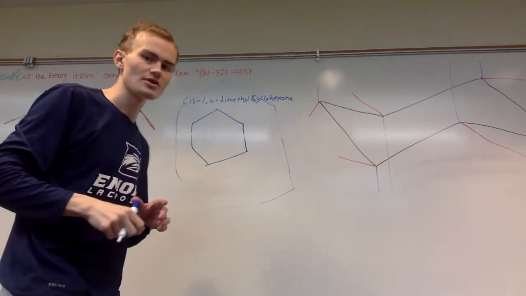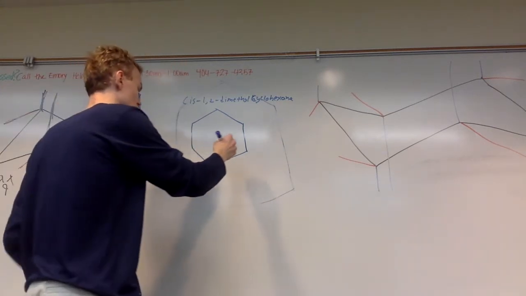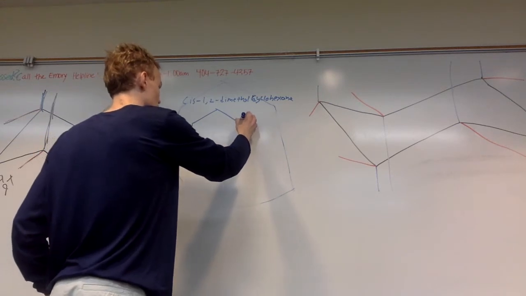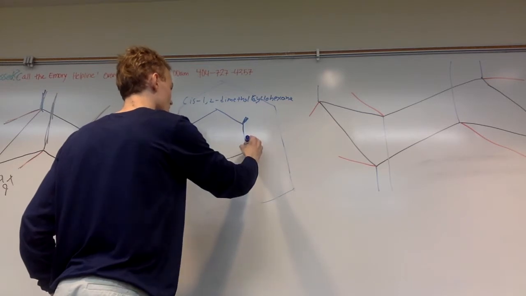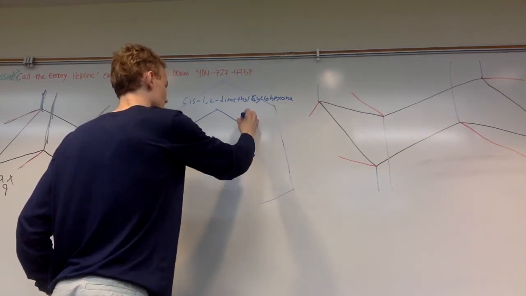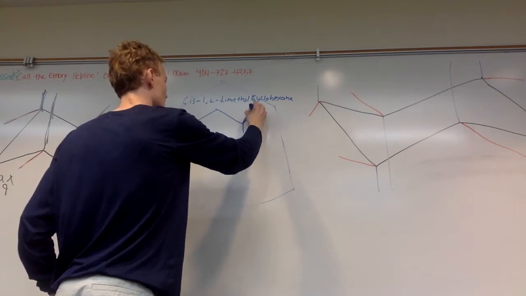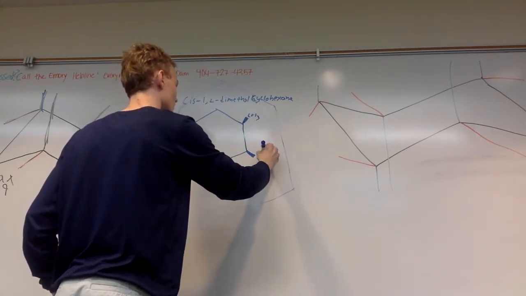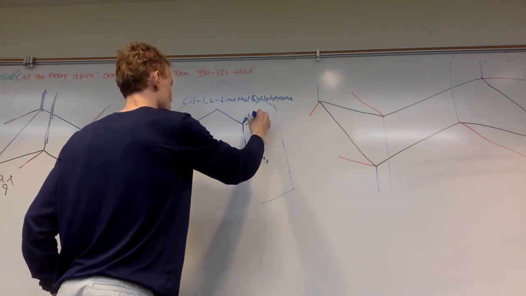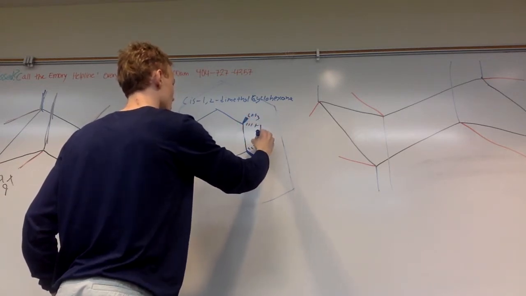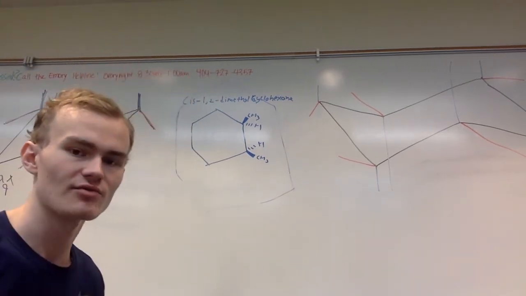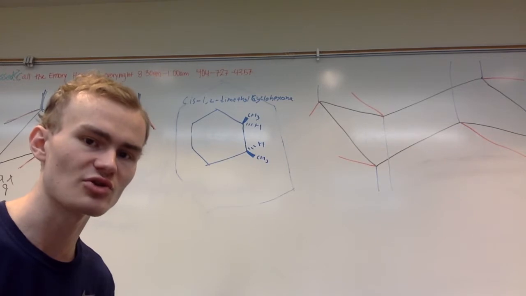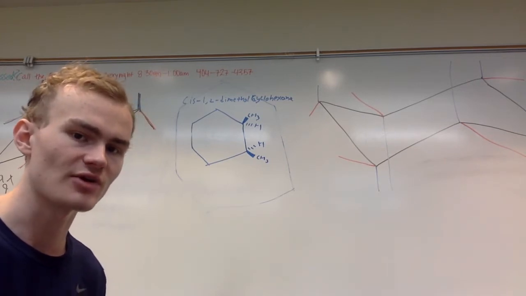Notice that it will look like this relatively, and then these will be on wedges. So that's what we have right here: cis 1,2 dimethyl cyclohexane.